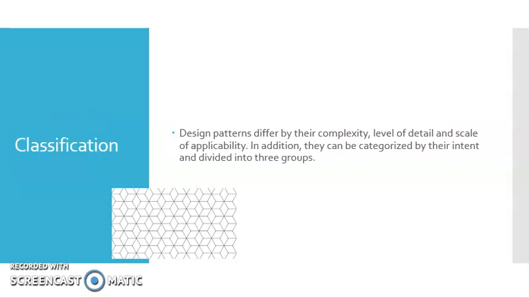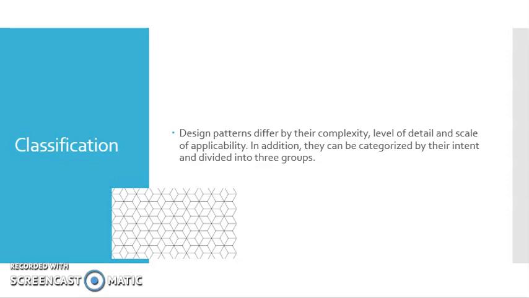Okay. So yes, design patterns are basically of three types. One is creational design pattern, another is structural design pattern, and another is behavioral design pattern. Creational design pattern talks about the creation of objects, structural design pattern talks about the composition of classes and objects, and behavioral design pattern talks about the communication between the objects.